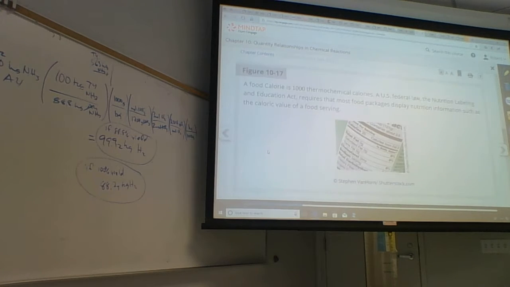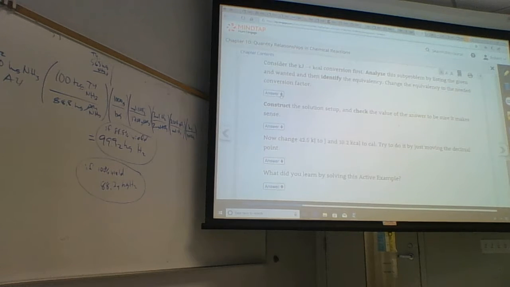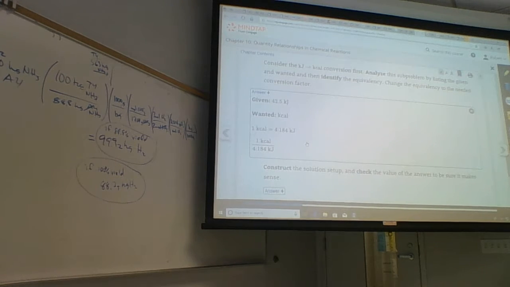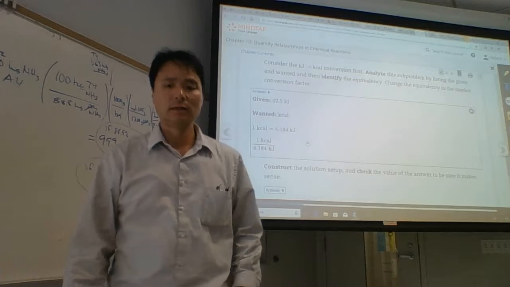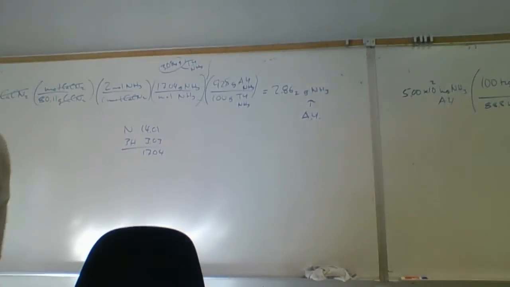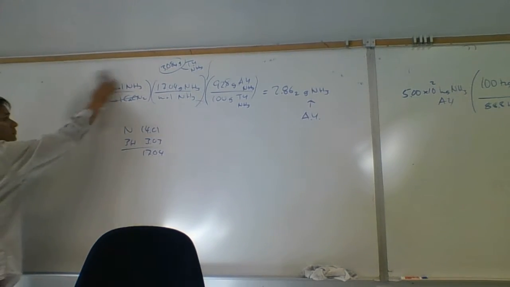And so the first types of problems we do are energy conversion problems. Your book likes these types of conversions. I just like to remember one, kcal to kJ. Your book likes to use kilomoles or molar mass or whatever.